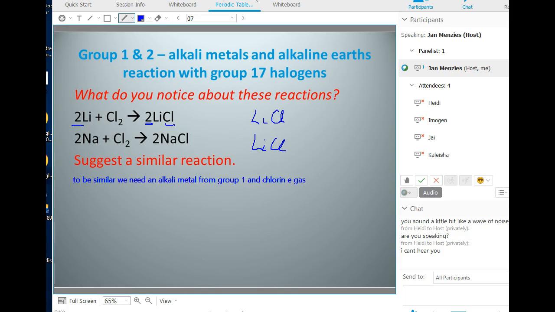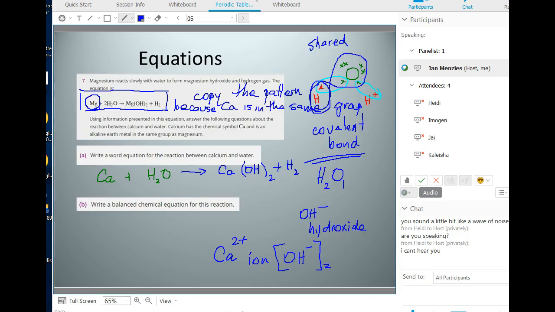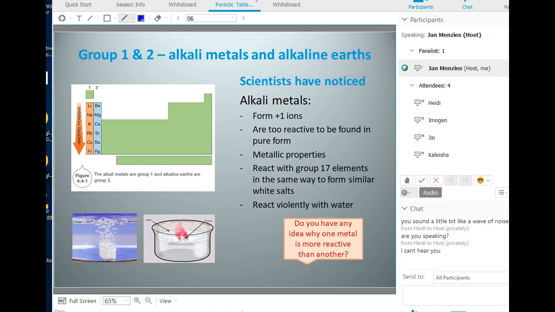So if I go back to the periodic table, lithium and sodium are alkali metals, so is potassium. So let's use potassium.